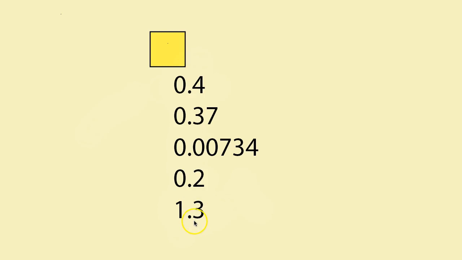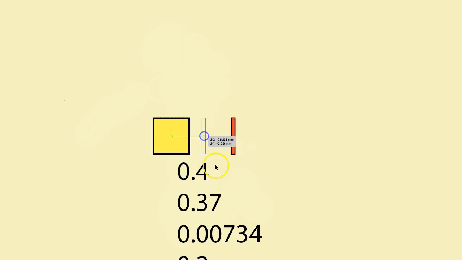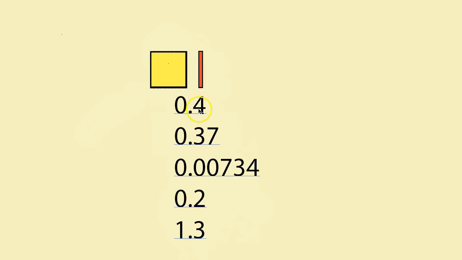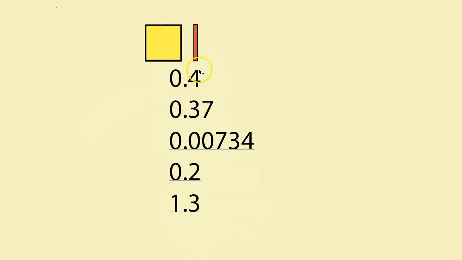This next column over is the tenths column. It's 10 times smaller than the units column. So that's what this column represents. That 4 means 4 of these, 4 tenths.